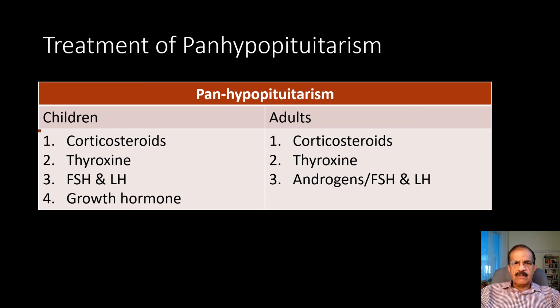Females will look like females and males will look like males, and their sexual function will also be restored. And I think that is all that may be needed. But if in some cases their fertility has to be restored, both in men and women, if they need to produce children, then I believe we will have to give them FSH and LH in cyclical form. So in the majority, I guess just corticosteroid and thyroxine will be sufficient.